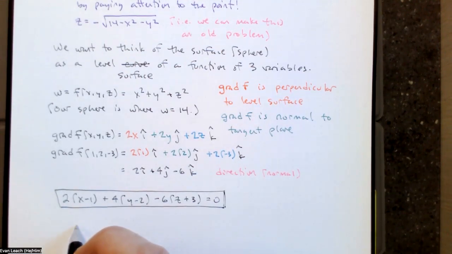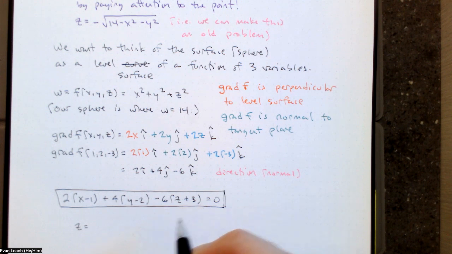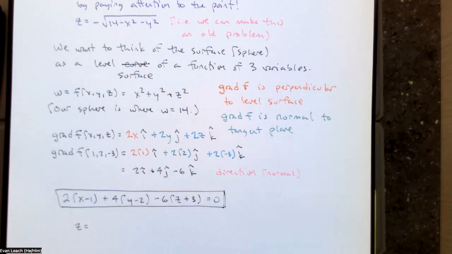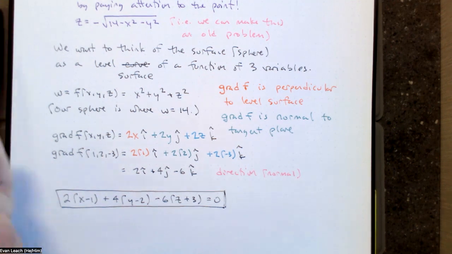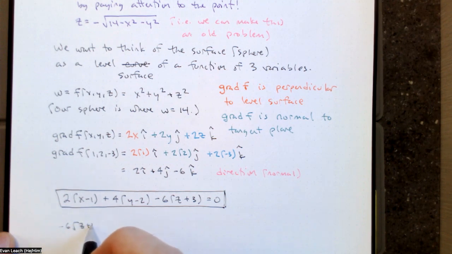would be z is equal to, let's see, I don't know if I'm going to be able to do this in one go, but we're going to try. No, I'm not. It's too early. Let's just rearrange this by solving for z. So we'll have a negative 6z plus 3.